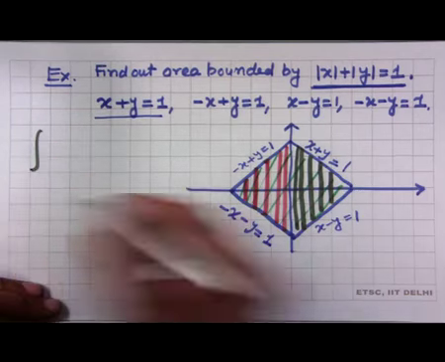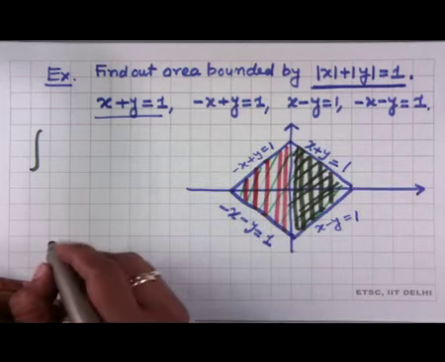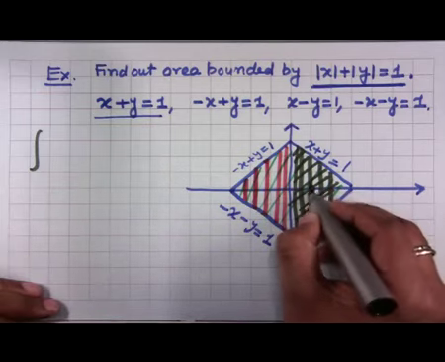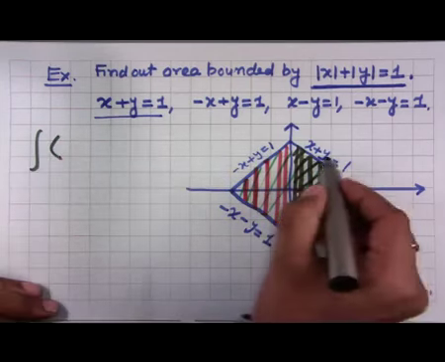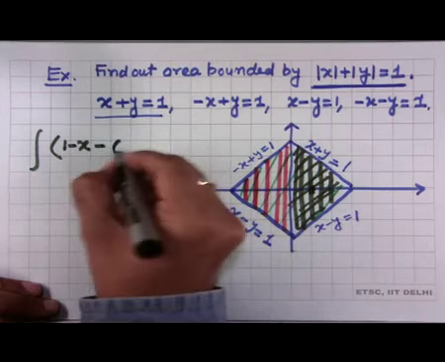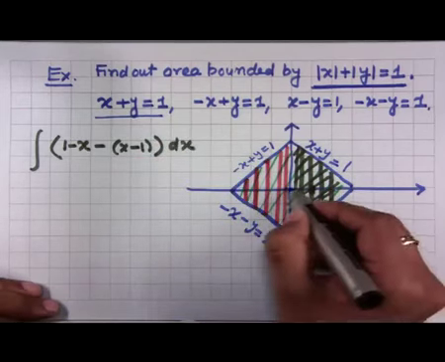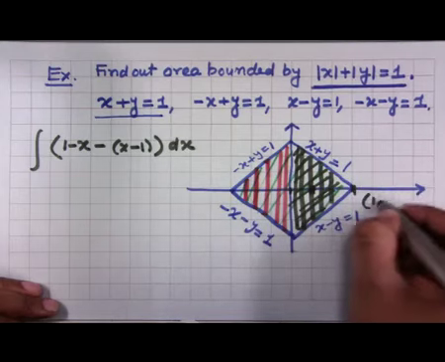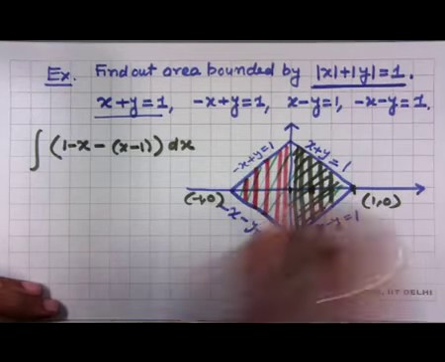So, for the black shaded area, if you take dx as the width of the strip, the elementary area will be y, which is 1 minus x, minus, here y is x minus 1, into dx. The limit of x will be from here to here. By observation you can see that this will be 1 comma 0, this will be minus 1 comma 0, and this is the origin as usual.